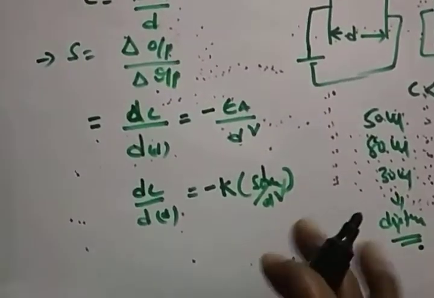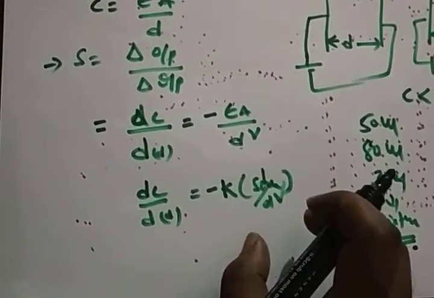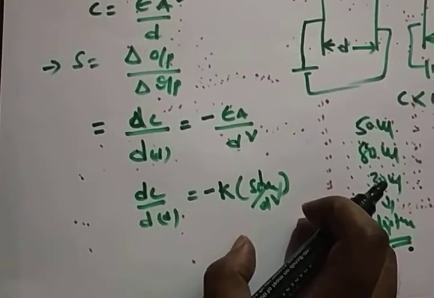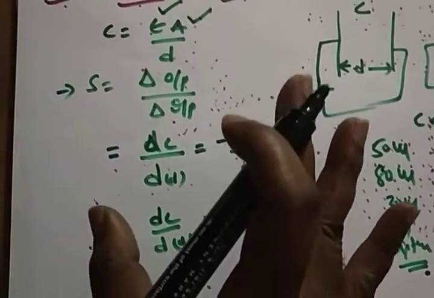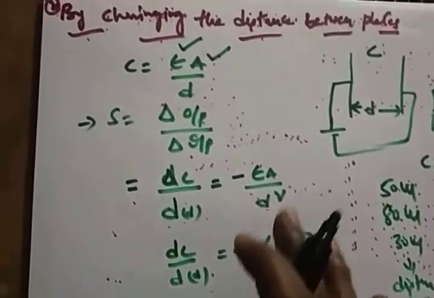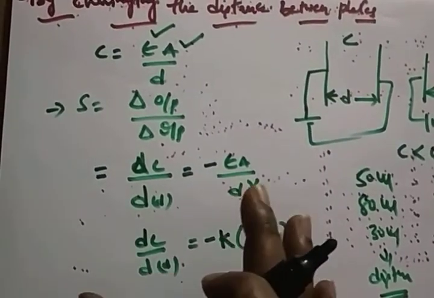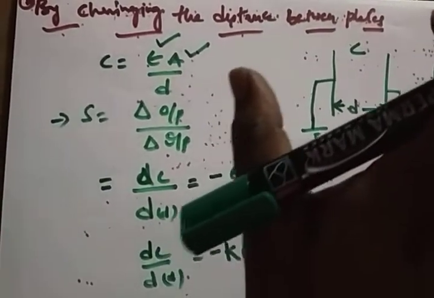So the scale is linear or non-linear? It has a negative value with the square of the distance at the bottom. That means the scale is a non-linear scale, right? So by changing the distance between the plates, the transducer will work as a non-linear scale.